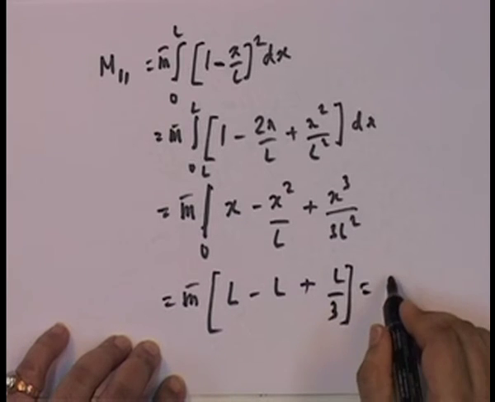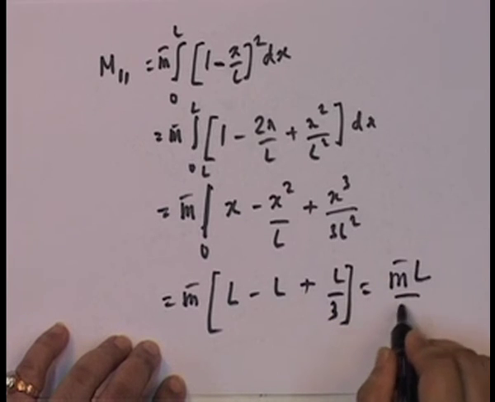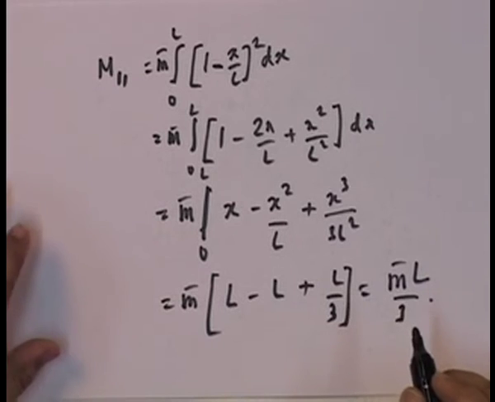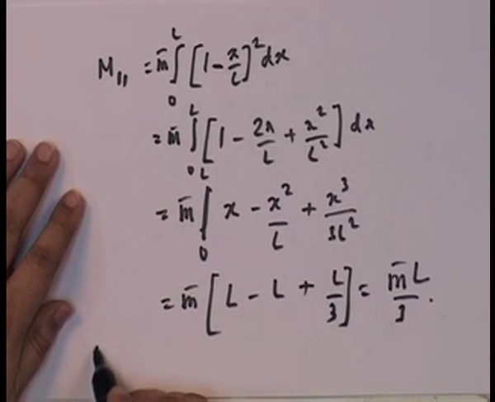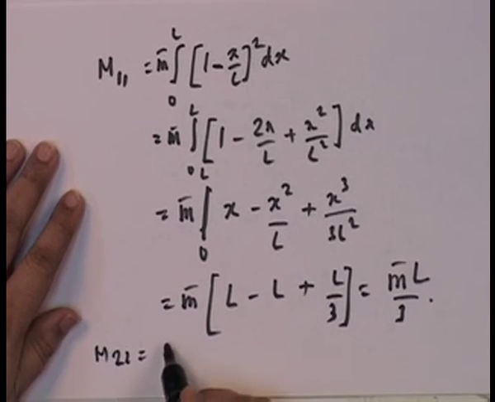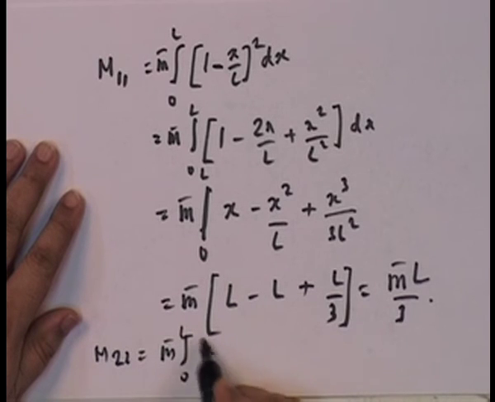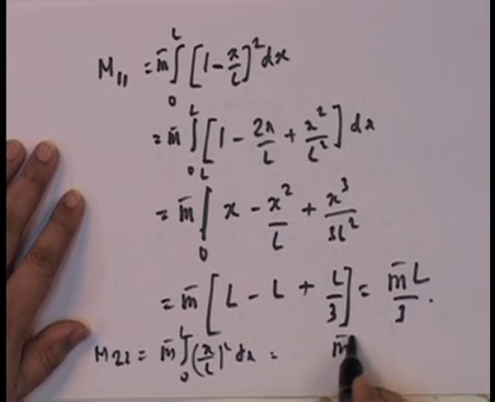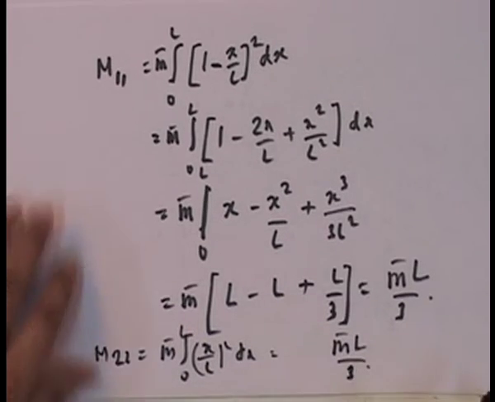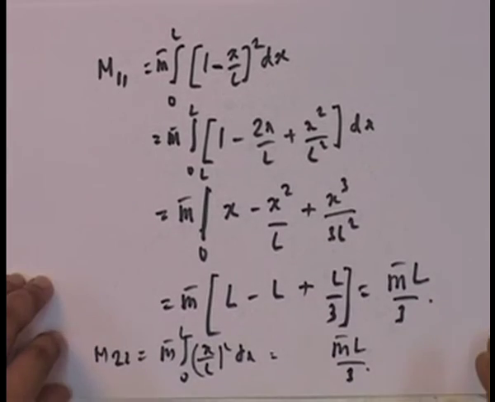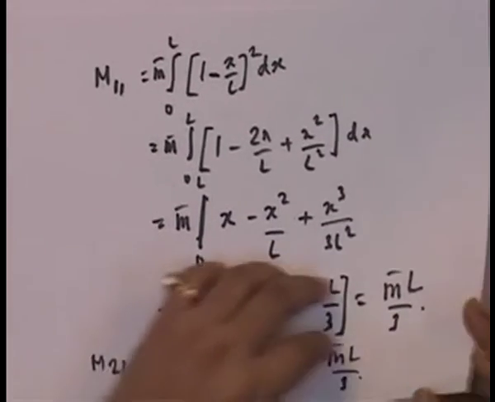So, I get M11 to be m bar L upon 3. Do M22, which is m bar times the integral from 0 to L of x upon L the whole squared dx, and you will see that this is also equal to m bar L upon 3. Let us derive M12 and M21. Both of them are the same.